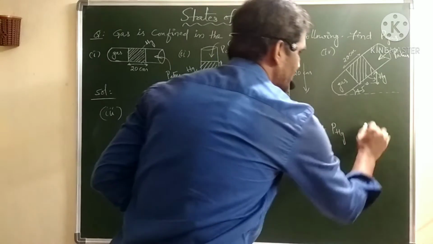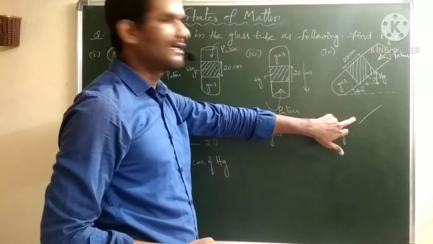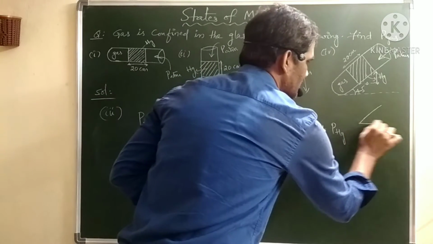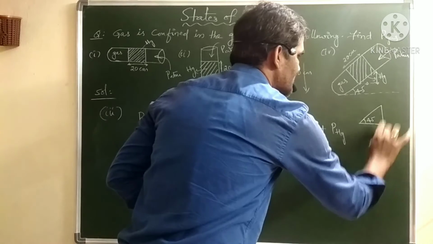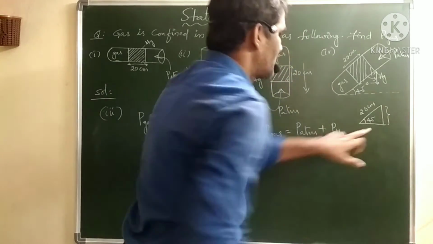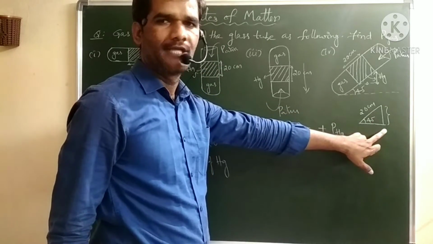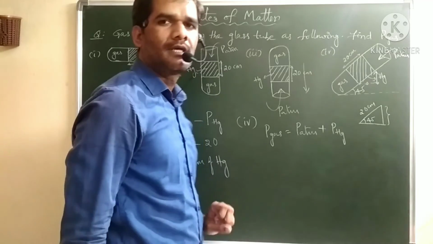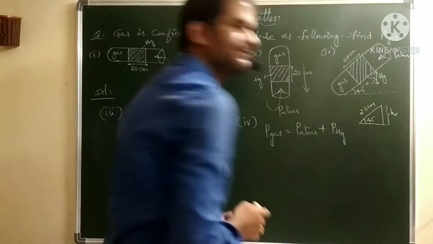We can take a triangle. This is the tilted tube, 20 centimeters, with an angle of 45 degrees. We require the height of this edge. According to this right-angled triangle, let us assume this height is h.